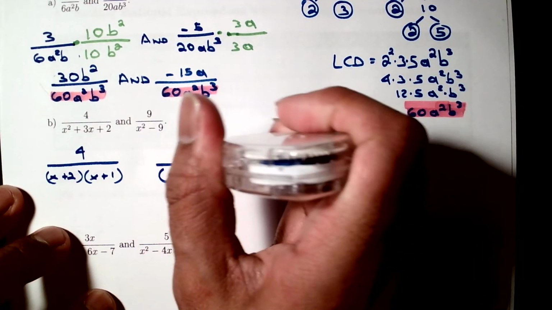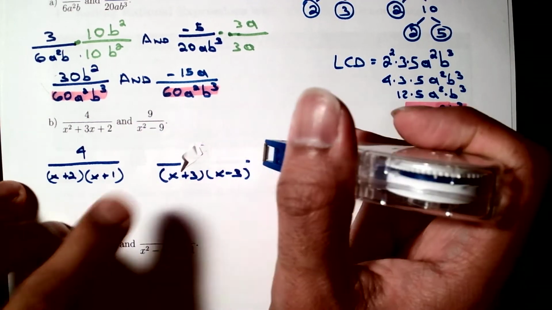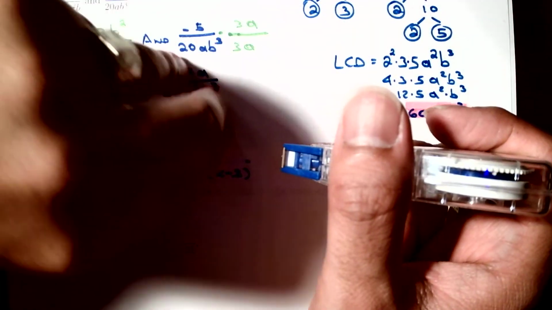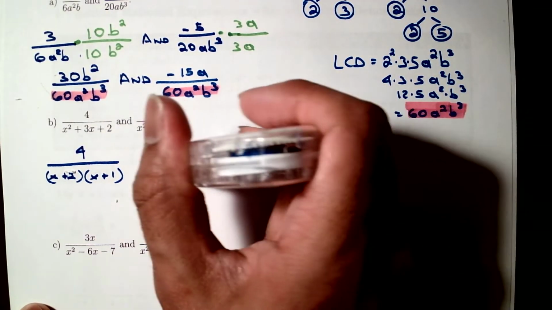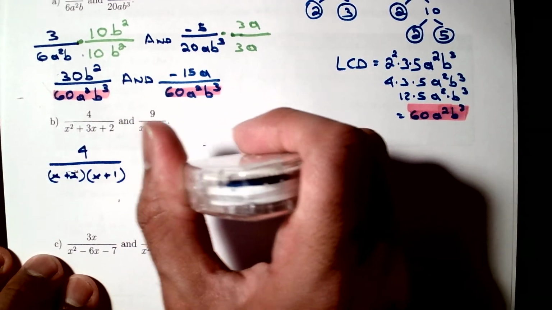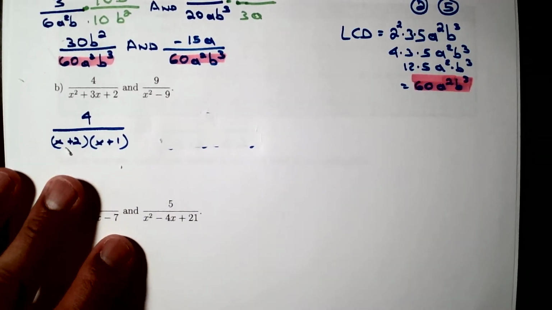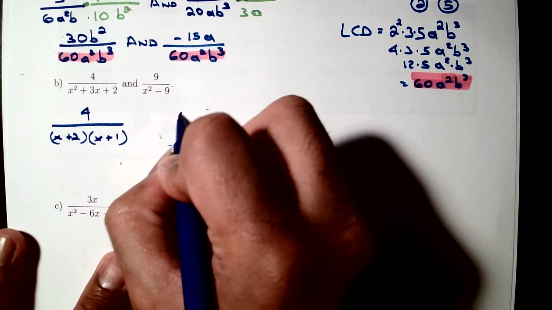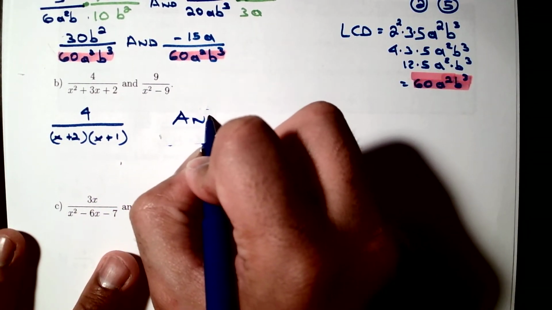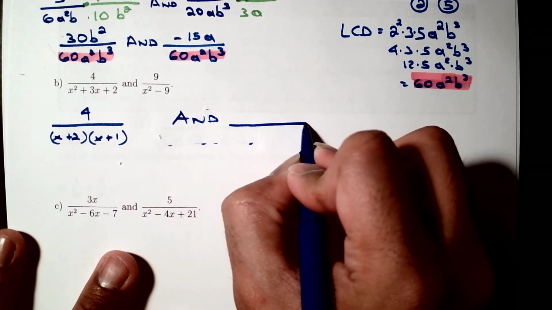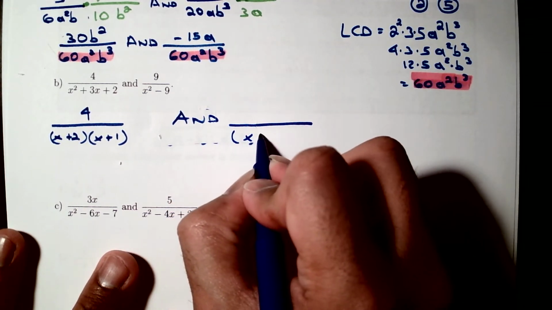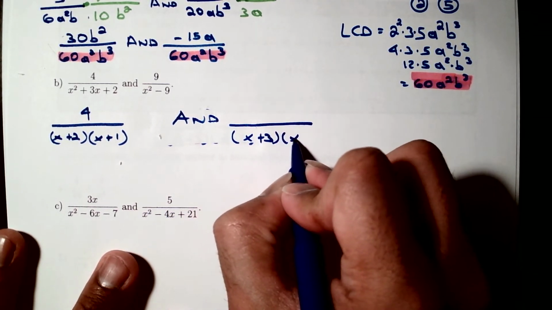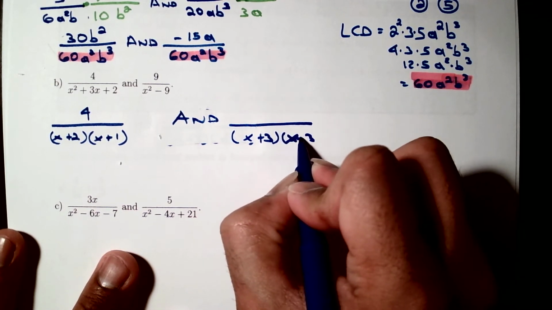I wrote this too soon. So let me erase this part. Okay, so let me do one at a time. x plus 3, x minus 3.